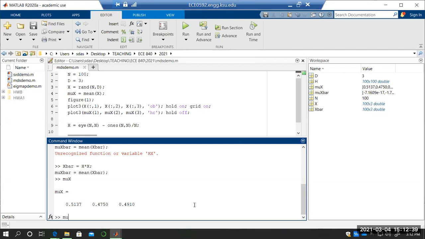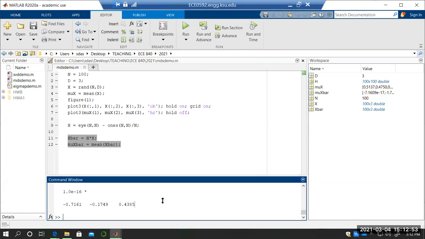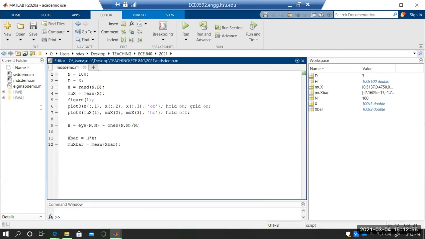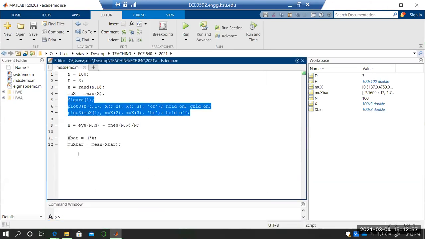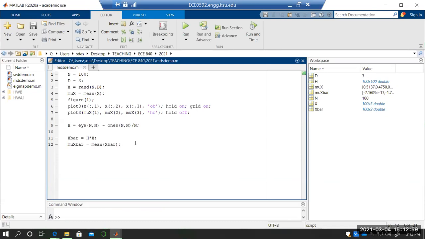Now what's mu x bar? All zeros. 10 to the negative 16. So basically it's all zeros, right? And you can see that. So let's take figure 2 and plot the x bars. And we plot all the x bars together.